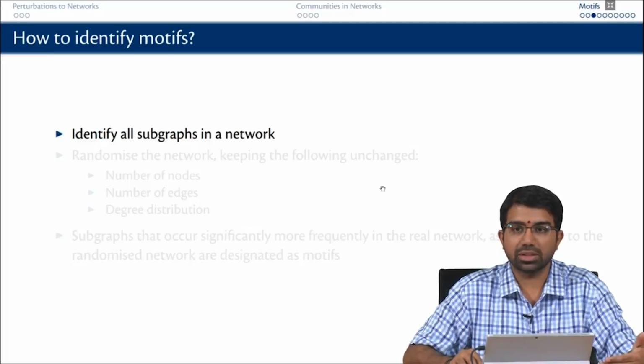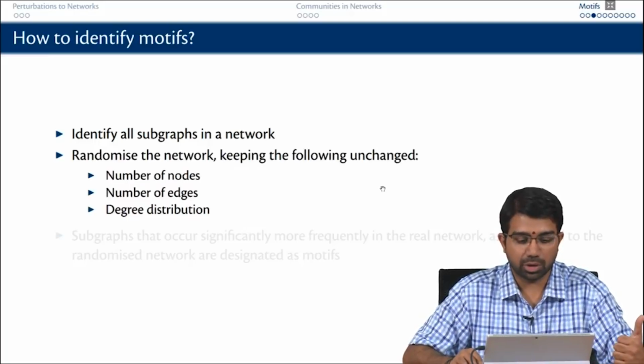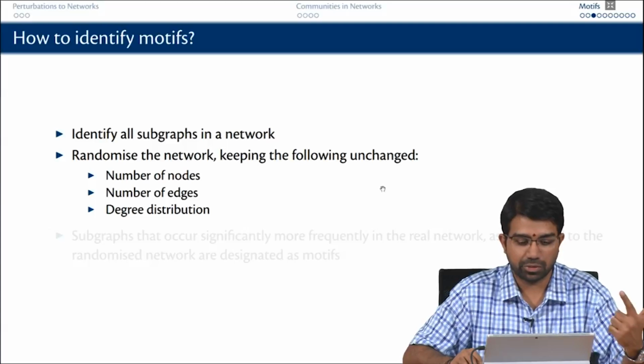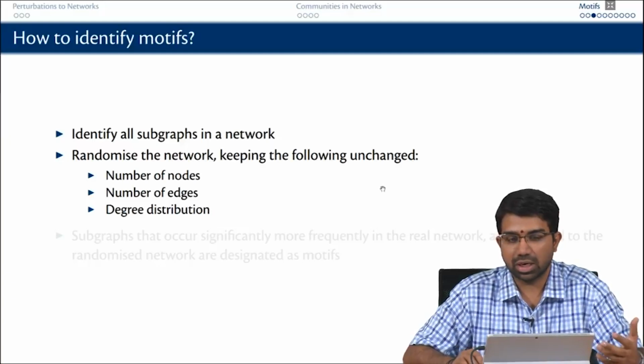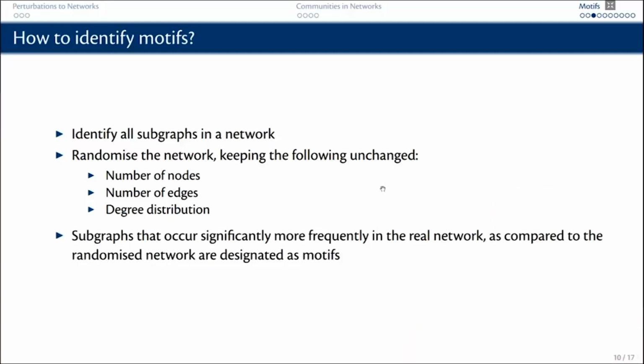So, how would you randomize the network? You want to keep the number of nodes same, the number of edges same, as well as the degree distribution. For this, we discussed a couple of strategies to randomize the network, and following this procedure, the subgraphs that occur significantly more frequently in the real network compared to random will be designated as motifs.